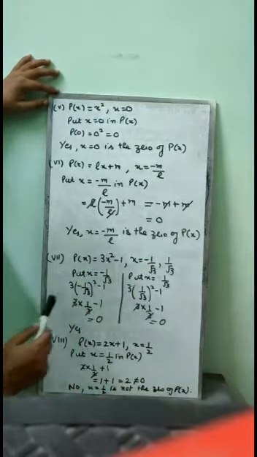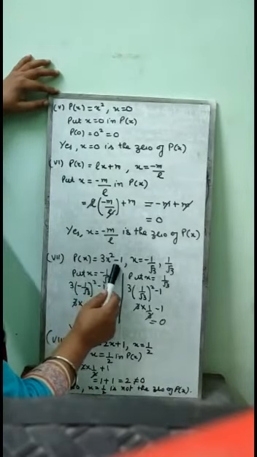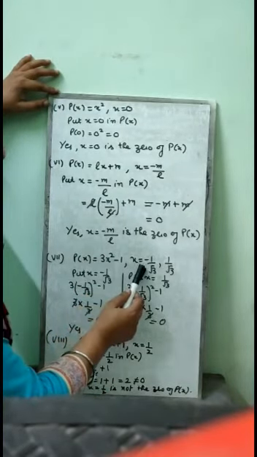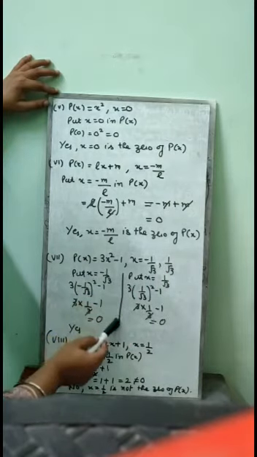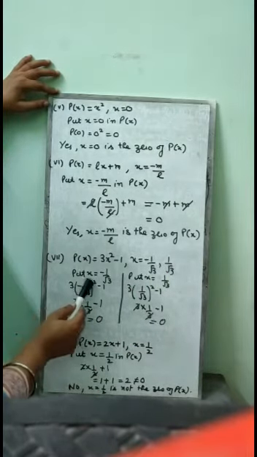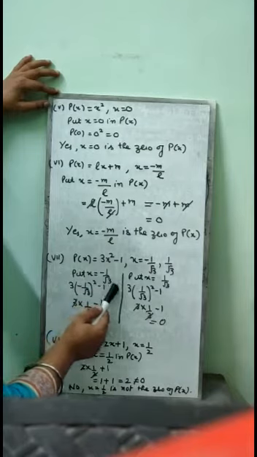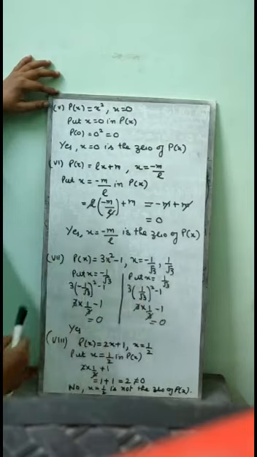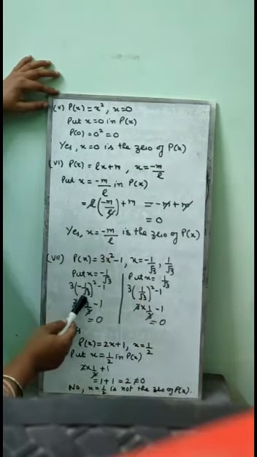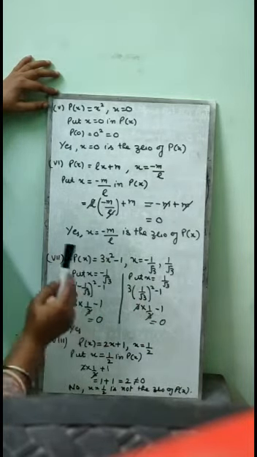Now come to the seventh part. P(x) is 3x square minus 1 and two values are given, minus 1 by under root 3 and 1 by under root 3. You will draw the line at the center. On one side you will put x is equal to minus 1 by under root 3. On the other side you will put x is equal to 1 by under root 3. Here 3 into (minus 1 by under root 3) whole square minus 1.